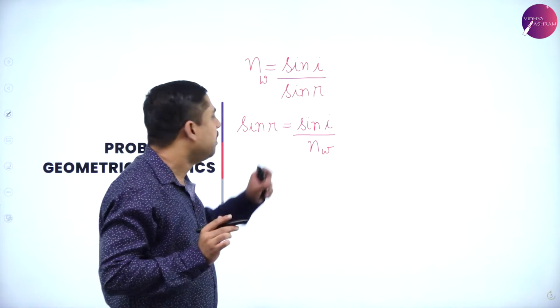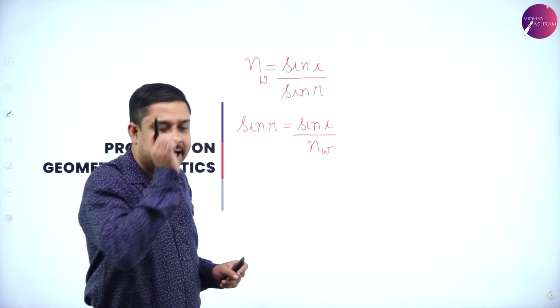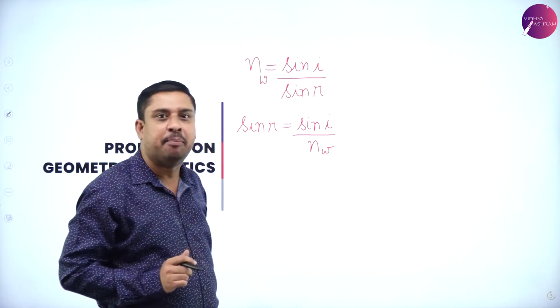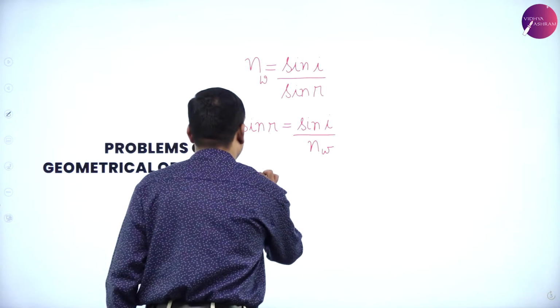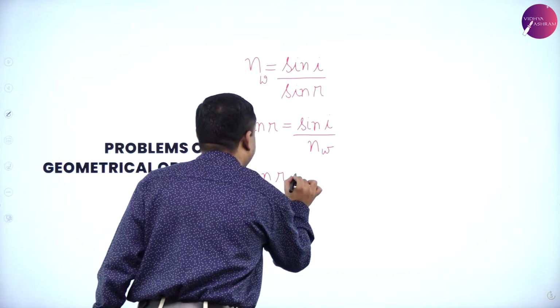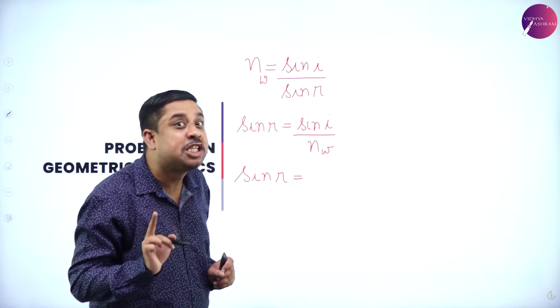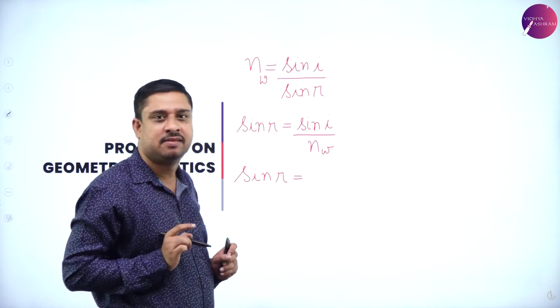Sin R becomes equal to sin I divided by NW, or sin R is sin 30 degrees.